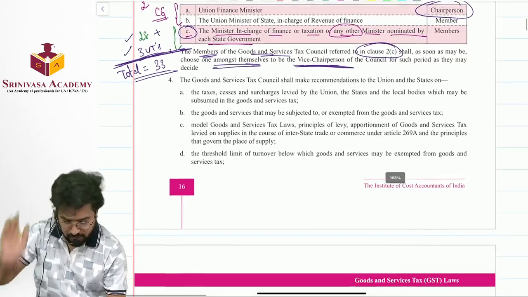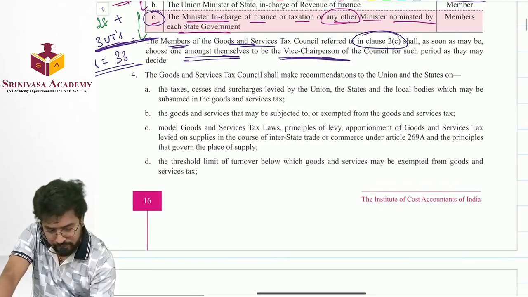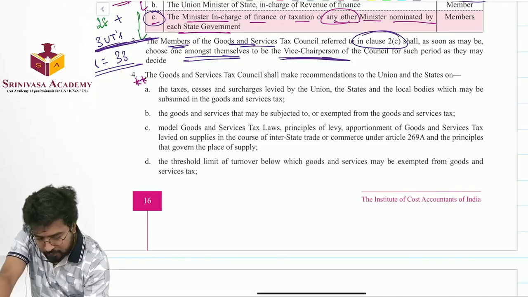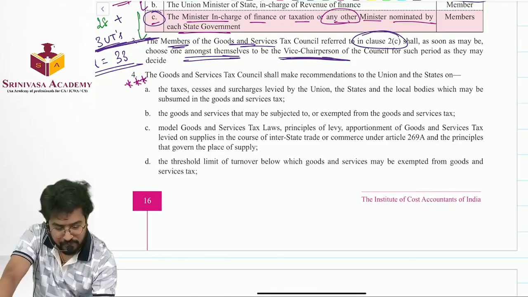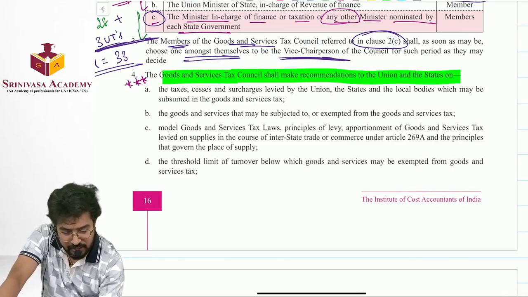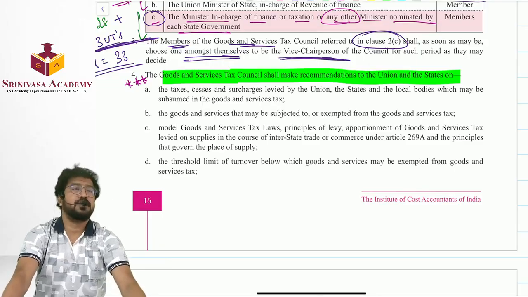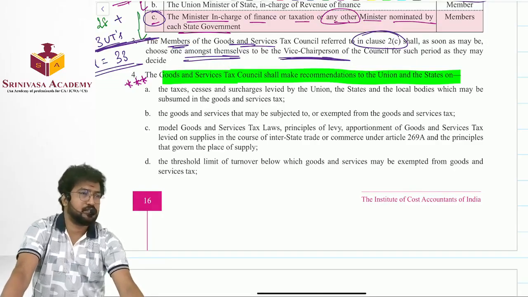Next, this fourth point is very important for you. GST Council shall make recommendations to union and states on what matters? On what matters GST Council can make recommendations is the concept.